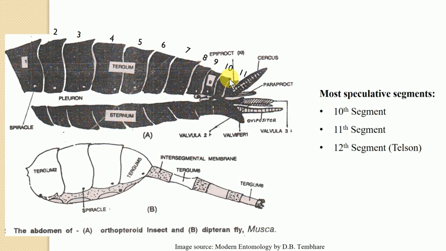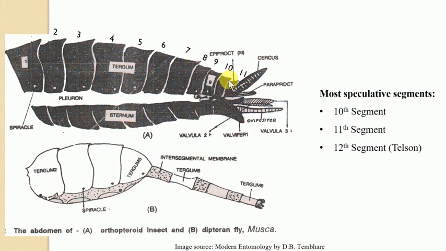Now this 10th segment is often retained in the adult hemimetabola, the insects which have hemimetabolous development. They generally show retention of the 10th segment, while in the case of the holometabola, the insects which show complete metamorphosis, the 10th segment may occur in a fused condition with the last abdominal segment.